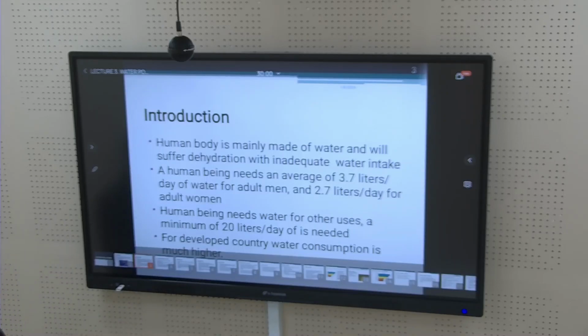So human beings need water for other uses, such as 20 liters per day is needed. Other uses for human being, washing. For developed countries, water consumption is much higher.